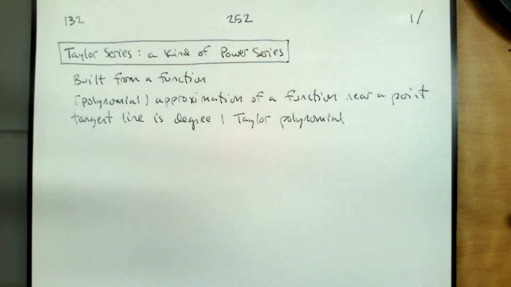So a tangent line is a degree 1 Taylor polynomial approximation of a function near a point. So let's remind ourselves.